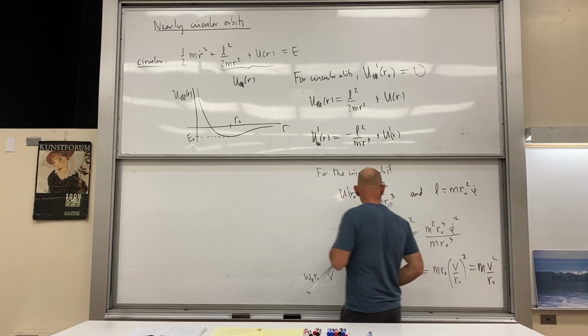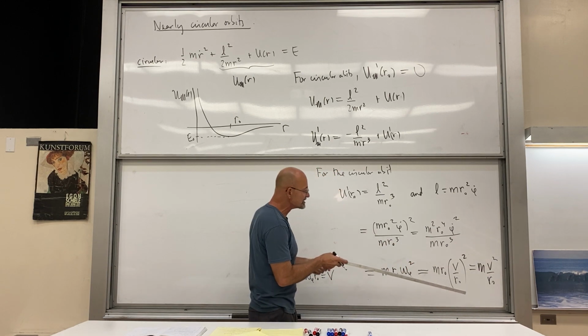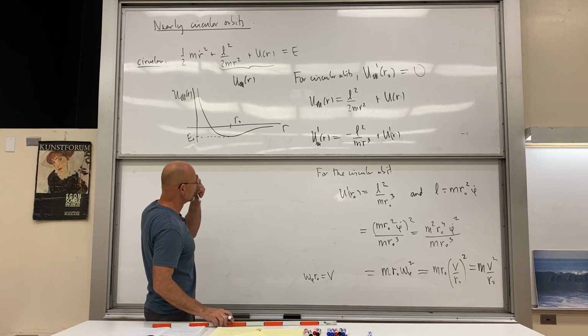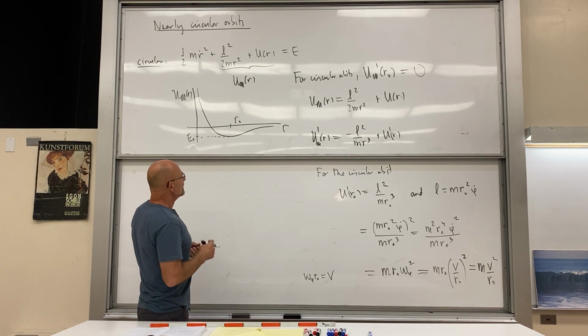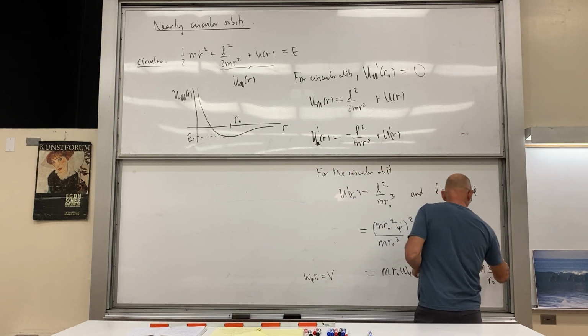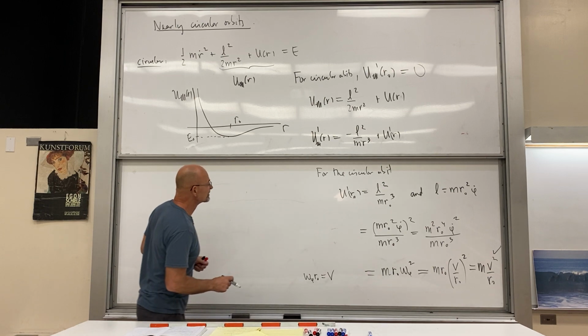And of course, that's a familiar expression too. That's the famous mass times centripetal acceleration. So that all comes out of the formalism nicely. So the circular orbits, we can check them off, so to speak.